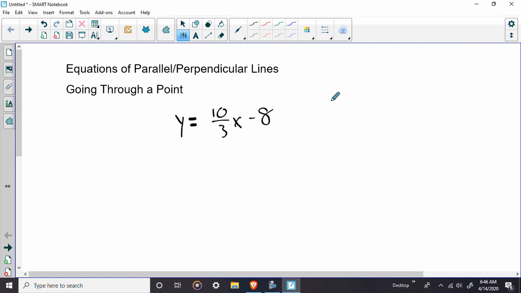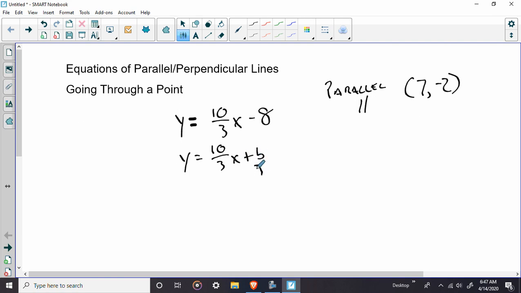Okay, and I want a line that's parallel to that line and goes through the point 7, -2. So building on the skill we had yesterday, first of all, we know it's parallel, so we know it looks something like this. We know it's got to have the same slope. Okay, but we don't know what b is, right? We just really need to find what the y-intercept is going to be.